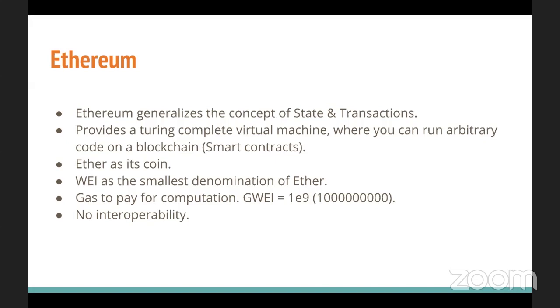Also, one thing that is really important related to Ethereum, and that is why, for example, we are trying to adopt Matic, is that there is no interoperability between blockchains. It means that I cannot send a transaction to swap Ether to Bitcoin, because Bitcoin is a coin of another blockchain, and there is no way to communicate between blockchains.